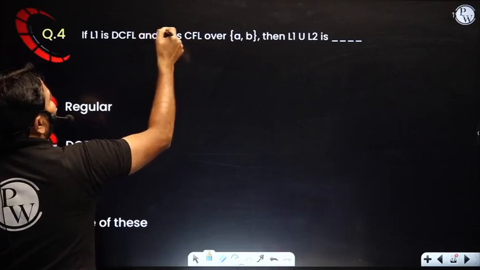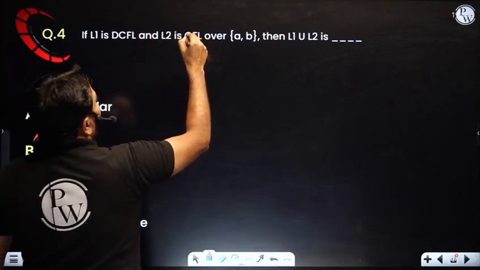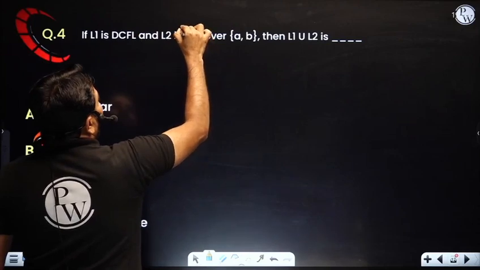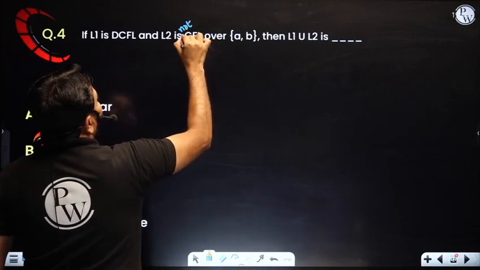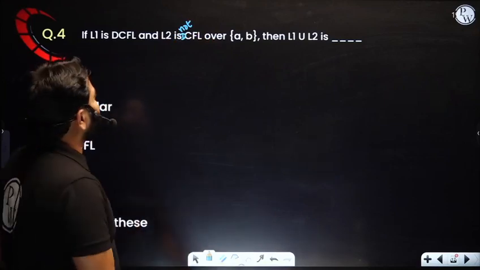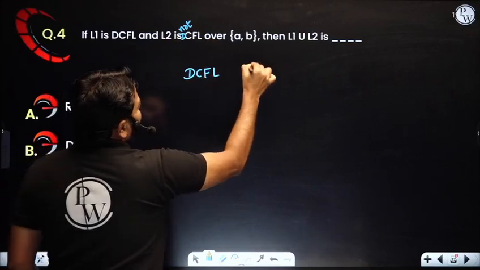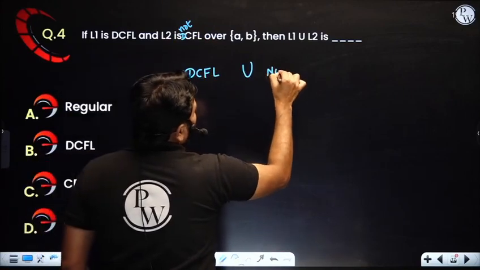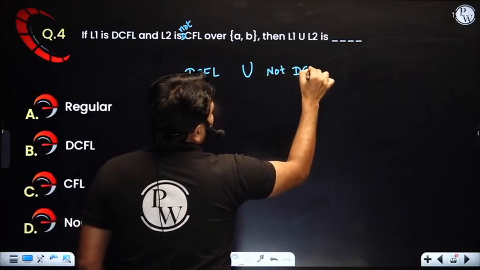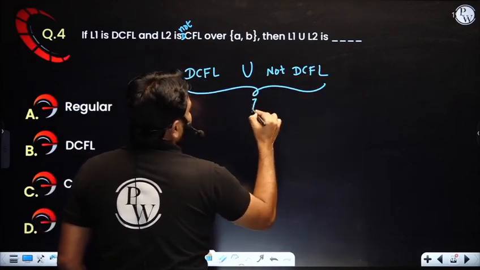L1 is DCFL and L2 is not DCFL. Try to understand the statement: one is DCFL, union, another one is not DCFL. In the exam anything could be possible, right? So I'm just framing it. Then what happens to this answer?